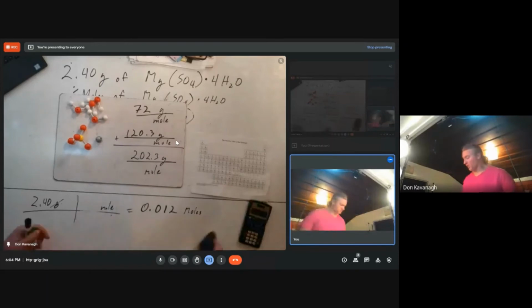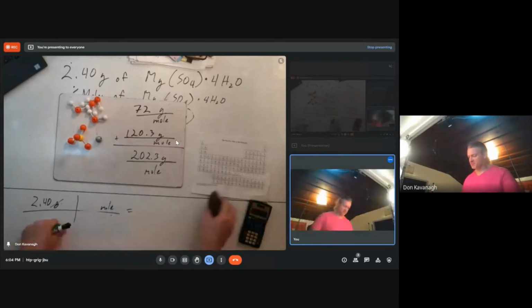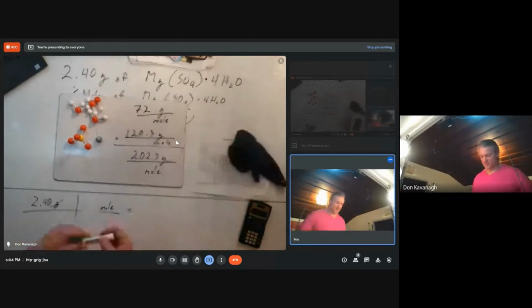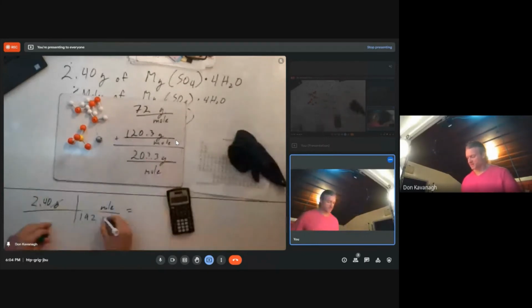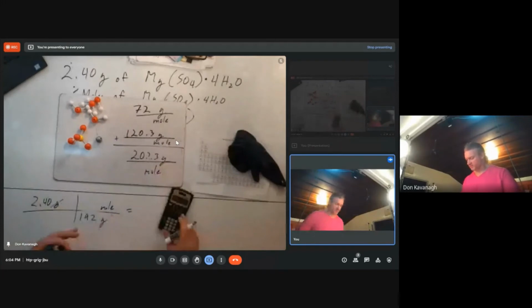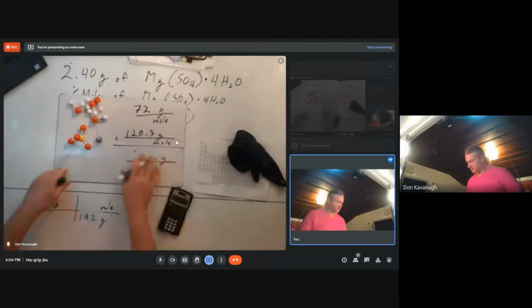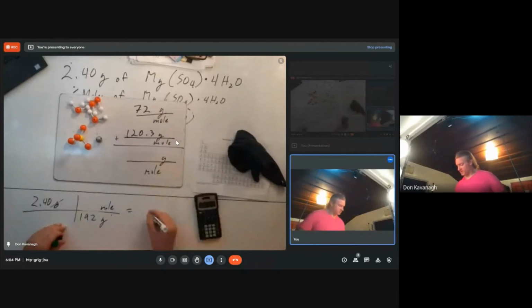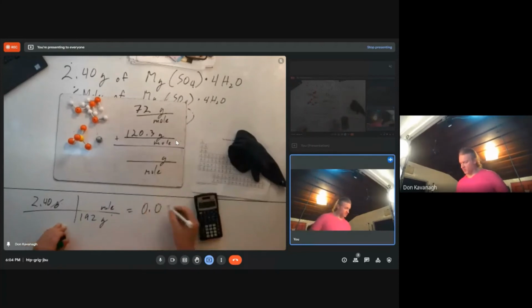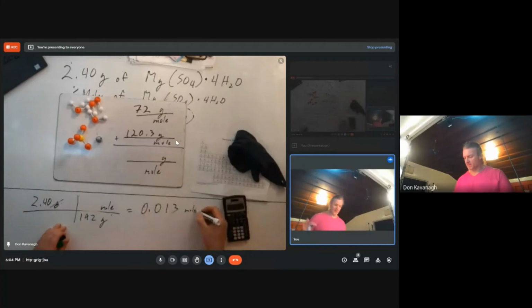Hope you're following along. I made an initial mistake down here. This is 192 grams per mole. The math I did was correct, but it's not. So the answer to the first problem, excuse me, 2.4 divided by 192. It doesn't really change the answer. 0.013 moles. Okay, now back up to here.